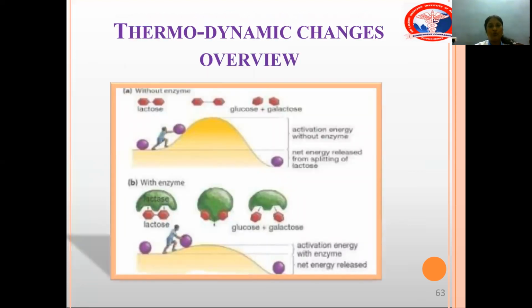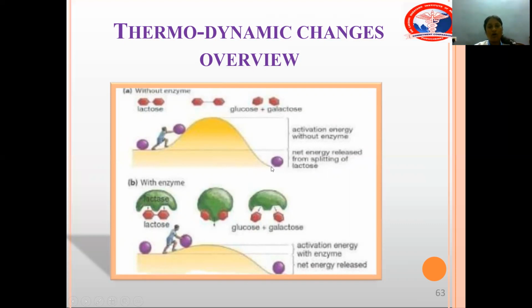Here you can see two pictures where the person exerts so much effort to roll this log of wood over the hill. Here the net energy released is from transferring this heavy weight from this side to that side.